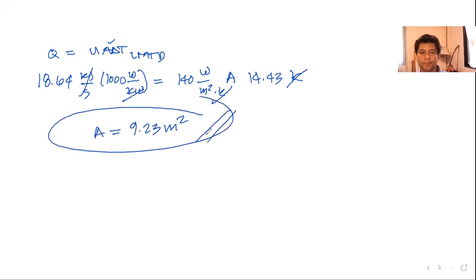Probably rounding off. Okay, tapos sabi, di ba, na-assume natin na for every meter squared ng area, that would be equal to 1 meter lang.